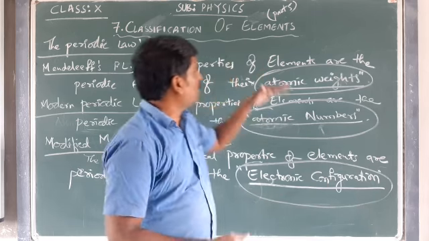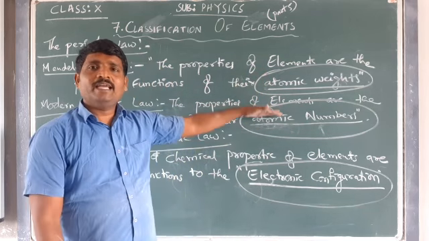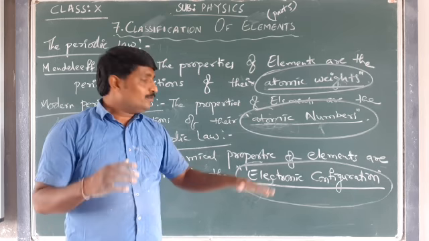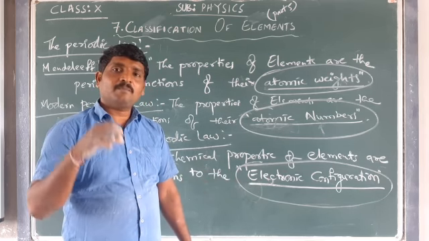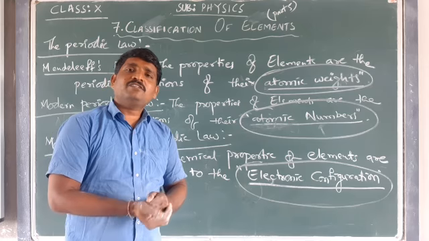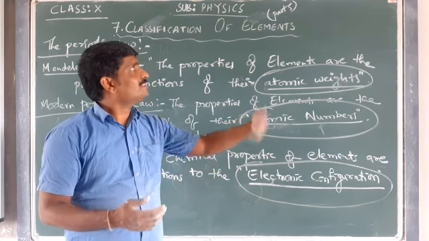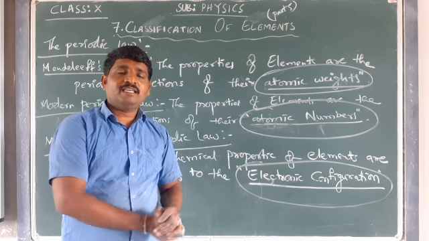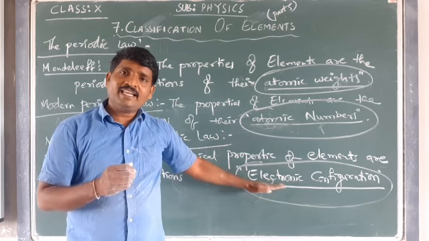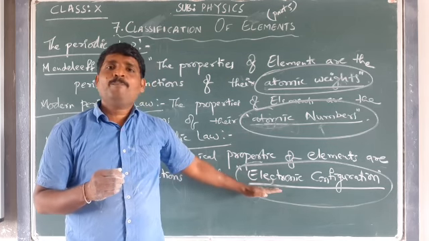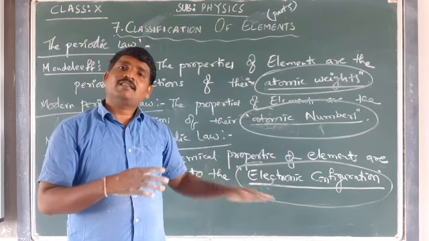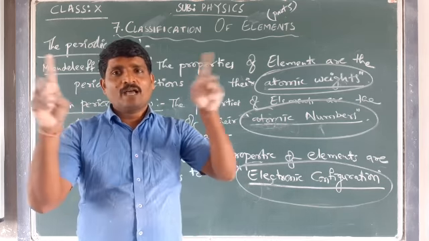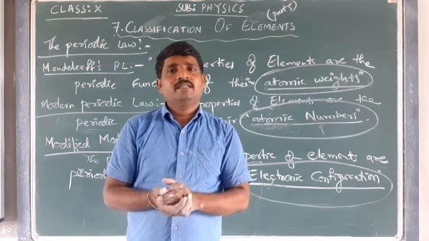I hope you understood what atomic weights are, what the periodic laws are and how this happens. The actual preparation of the modern periodic table will start in the next part, part 6, where we will see how electron configuration helped Moseley to have the long form of the periodic table.